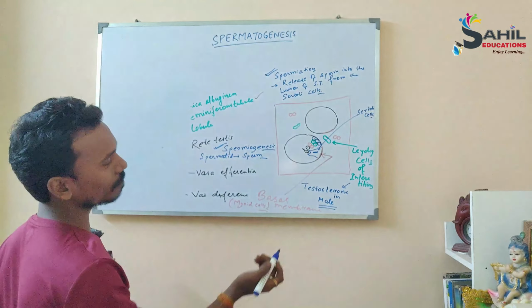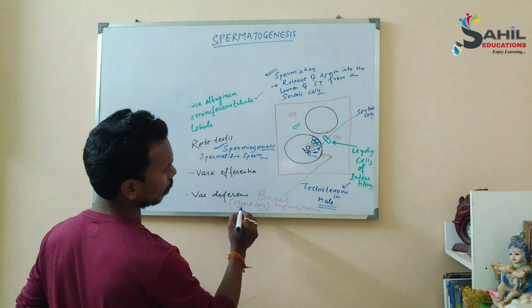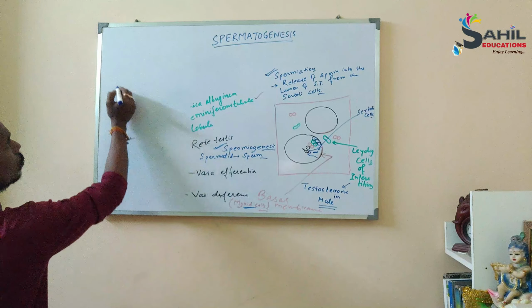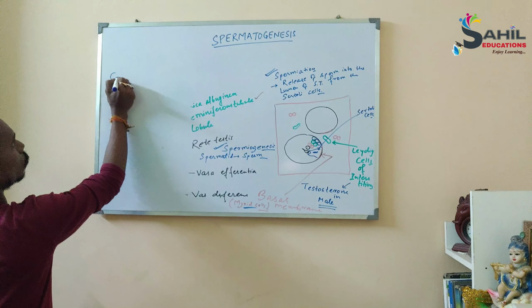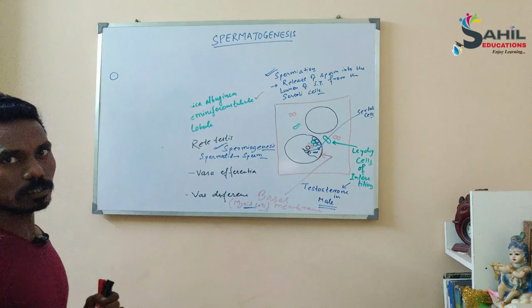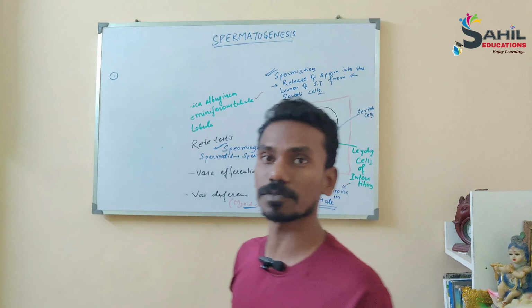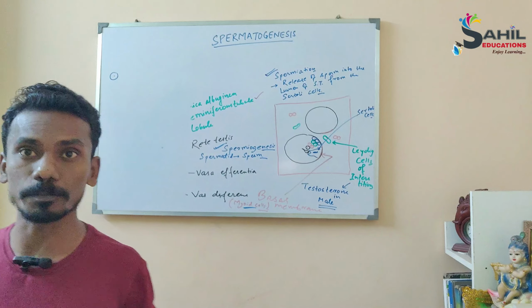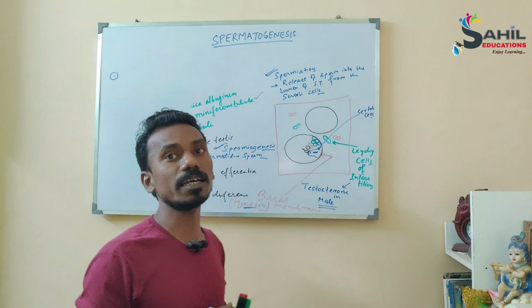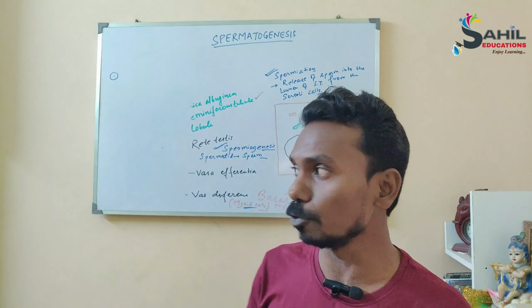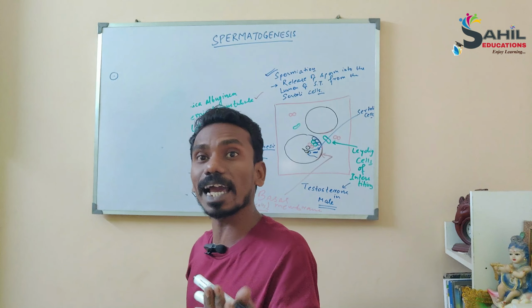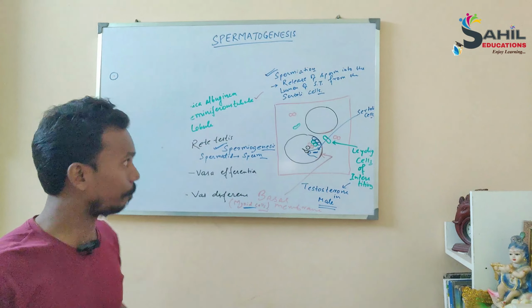See, under this basal membrane made of myoid cells, you have seen the spermatogonium. We have already understood that spermatogonium is a kind of stem cell that divides by mitosis, and after mitosis it can produce another kind of cell as well as some spermatogonium.